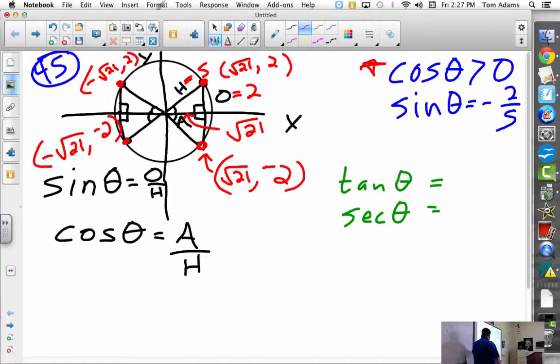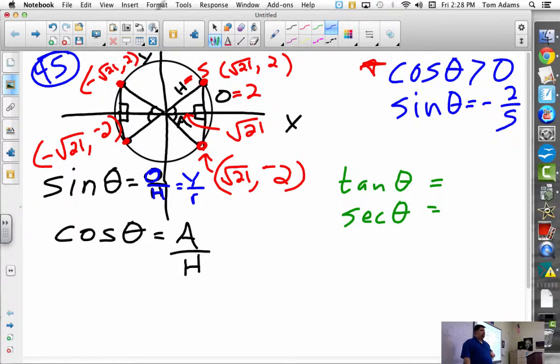So now we do things a little differently. We're used to seeing sine of theta as equaling the opposite over the hypotenuse, but on the unit circle, the opposite is really the y value, isn't it? And the hypotenuse is really the radius of the circle, isn't it?